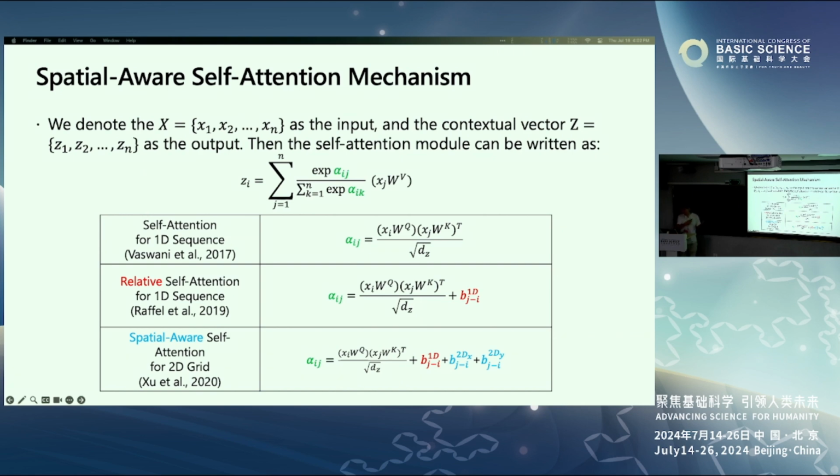You can see the blue one. Here we try to model the spatial relative distance between tokens in the whole document. In this way, the self-attention model can leverage not only the semantic relative position, but also the spatial relative position. So we try to encode the spatial information in the powerful self-attention mechanism.